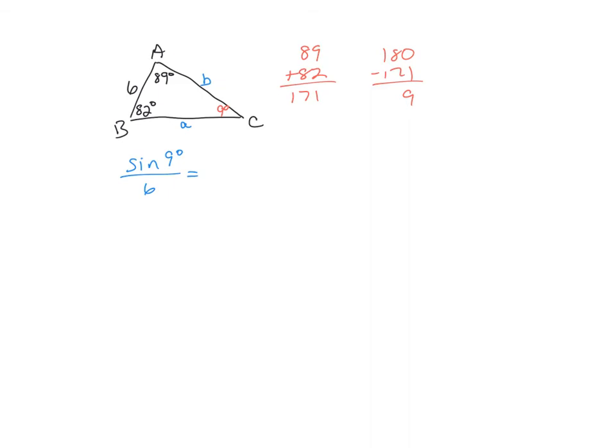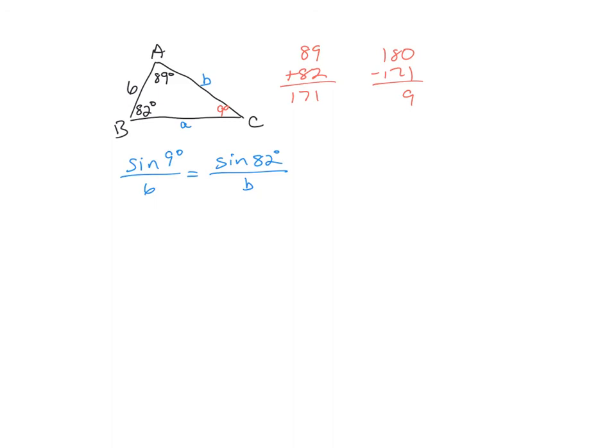It doesn't matter which one you do. You want to figure out A, you want to figure out B, it doesn't matter. So I'm going to do B, sine of 82 degrees over B. Remember, we're figuring out a side, so I don't need to do inverse or anything like that.